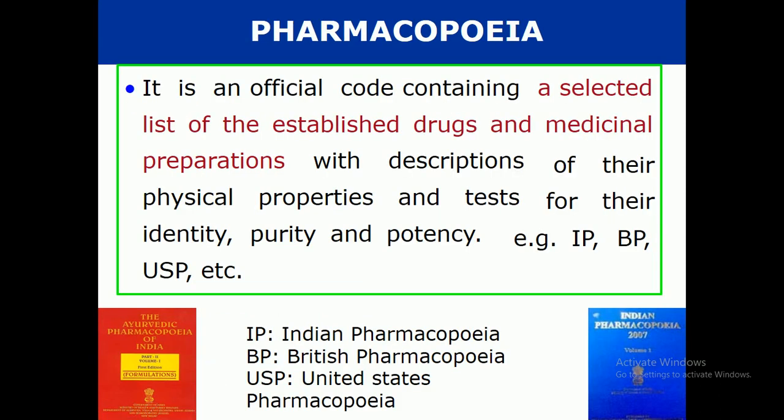Now, what is pharmacopoeia? These are the basic terminologies of pharmacology. It is an official code containing a selected list of established drugs and medicinal preparations with a description of their physical properties and tests for their identity, purity and potency, like the Indian Pharmacopoeia, British Pharmacopoeia, and United States Pharmacopoeia.